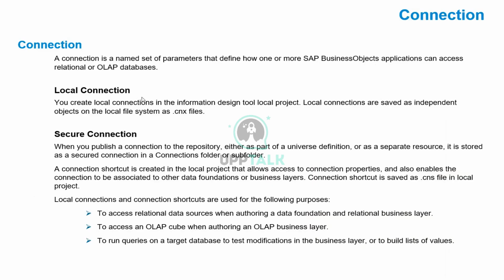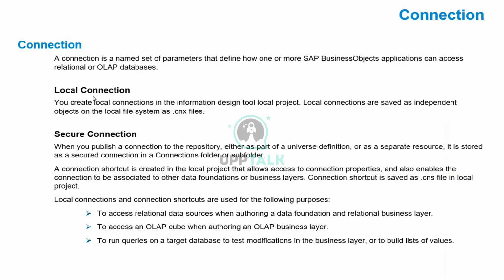It is like how we are going to access, whether it is a local connection or a secure connection. If you want to publish your universe to the repository, you always should have a secure connection. It is always recommended to create a connection in local.